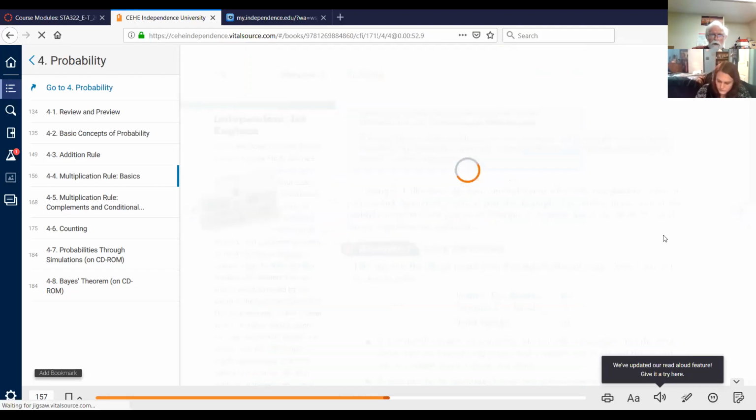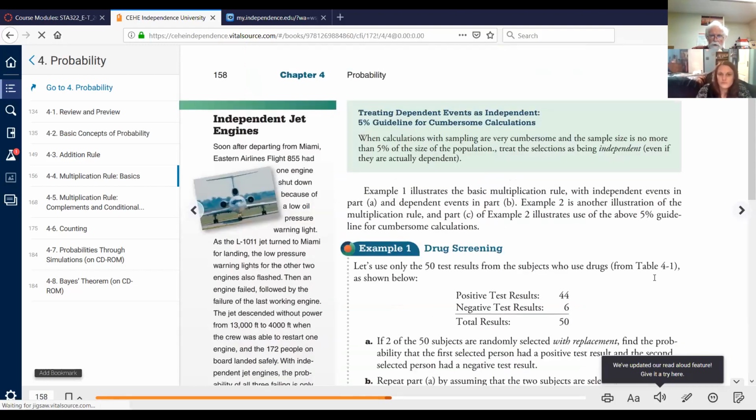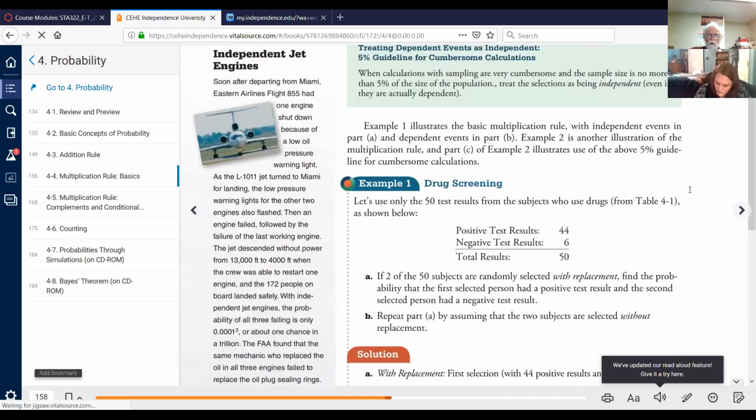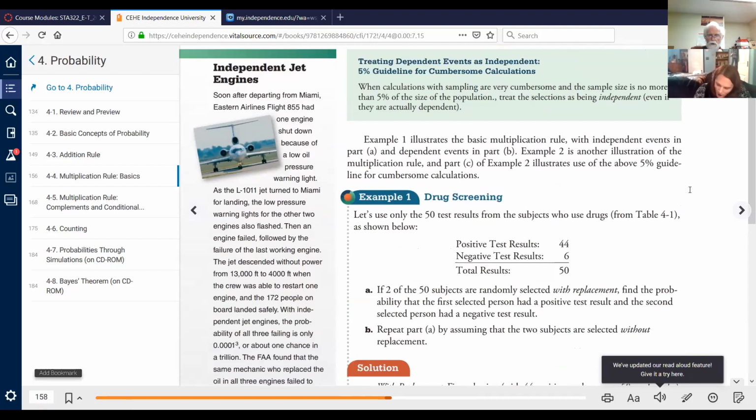So there's lots of information here. And if we go back to that drug test, among the 50 subjects who used drugs, with the total results of 50, we had 44 positive and 6 negative.